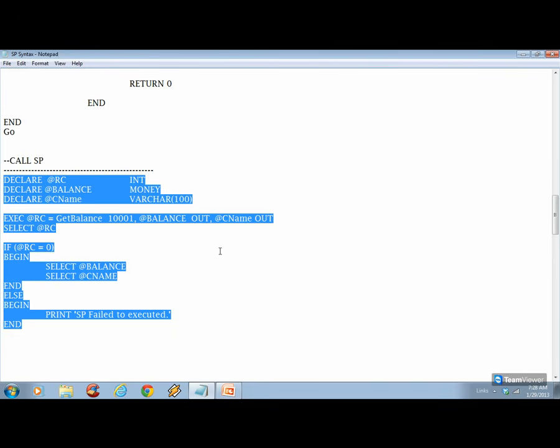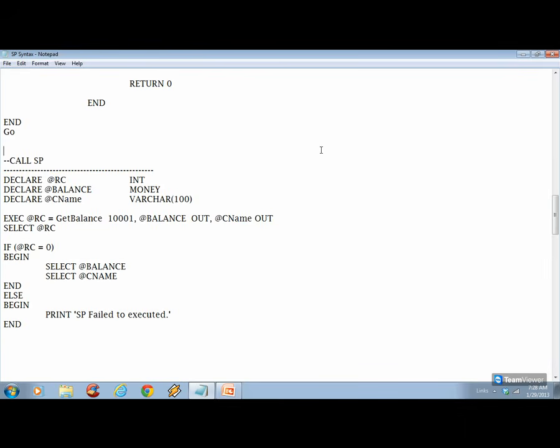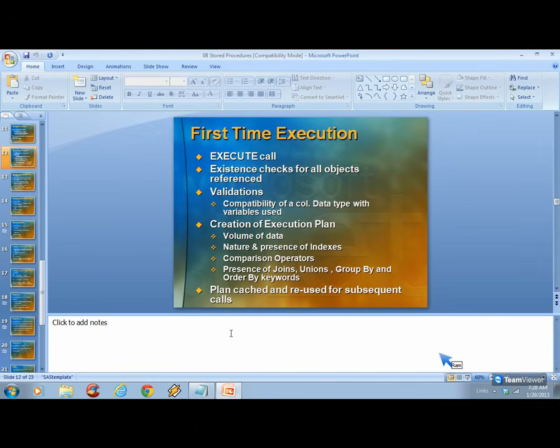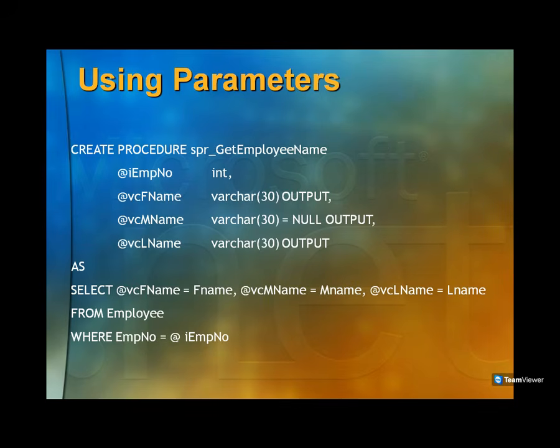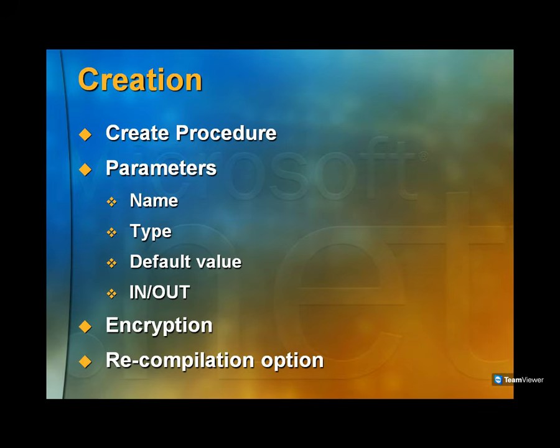Anything else, guys? This is how you should be able to do that. Now, yesterday we were discussing, so this is using parameters we have created. A parameter will have a name, a parameter will have a type, and you can also give a default value.